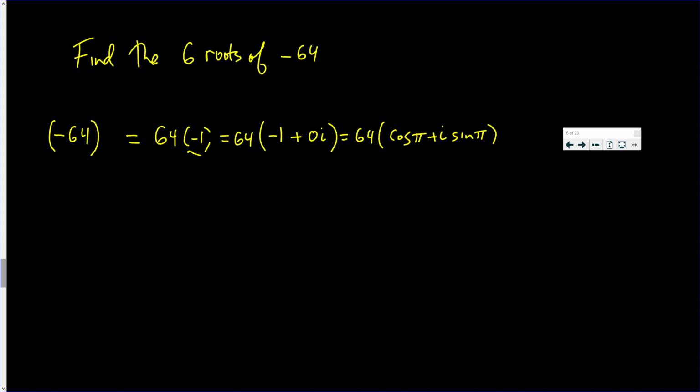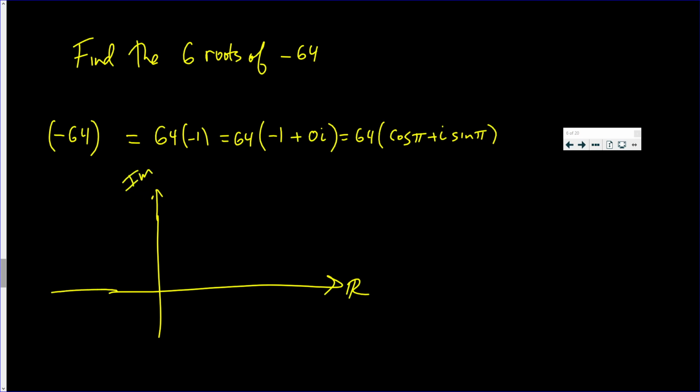Now, you may say, well, wait a minute, where's the r? Well, let's look at this closely. You have the real part, and you have the imaginary part, but negative 1 is just here.